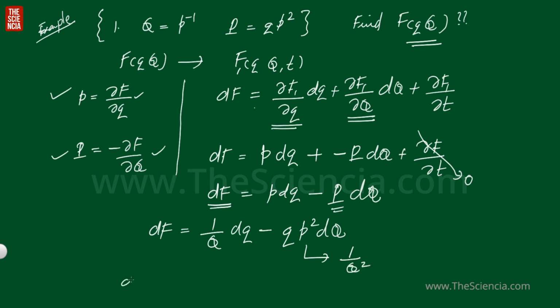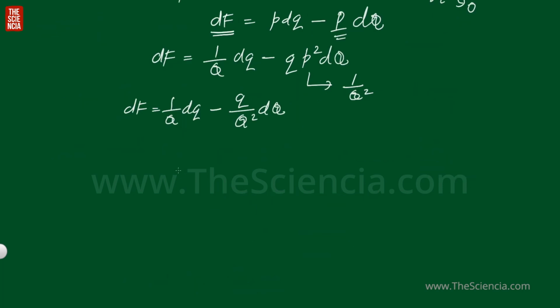So we get df is equal to 1 by q dq minus q by q square into dq.